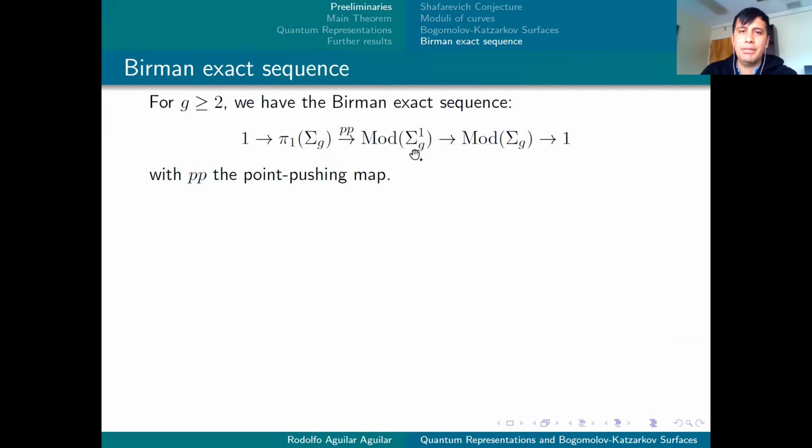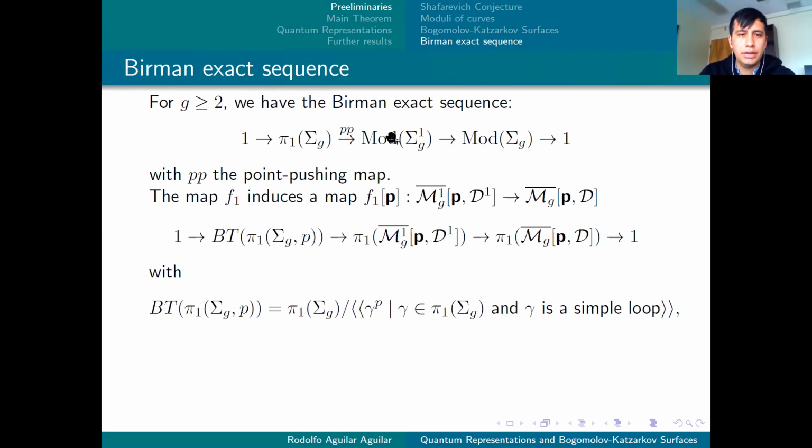It relates the mapping class group of the genus g curve with one puncture to the mapping class group of genus g only. But it also relates to the fundamental group of it. So we have a point pushing map. When you have a simple curve, you can push around it and you will obtain a homomorphism preserving the orientation. So you will have a map here.